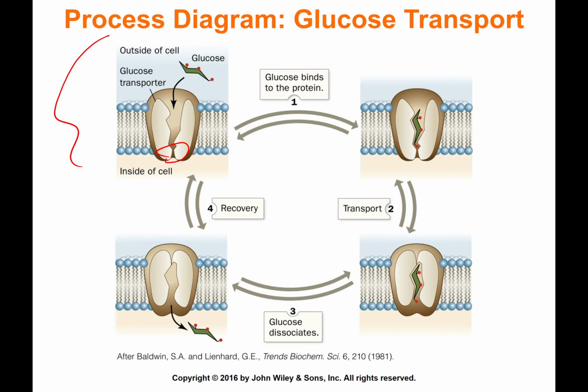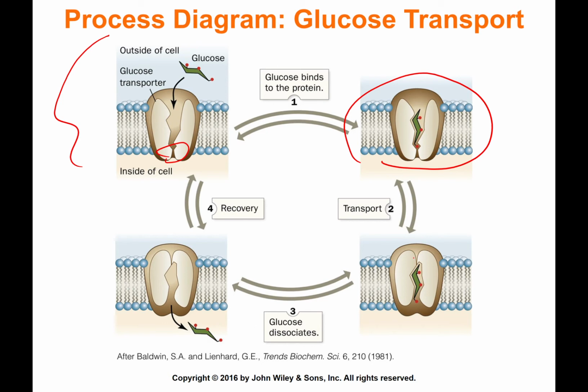Right? Well, what ends up happening with the glucose transporter is the glucose molecule will enter into that open side and bind within the pore of this protein. Right? Once it is bound, the binding of glucose actually then triggers a conformational change in the protein. Right?